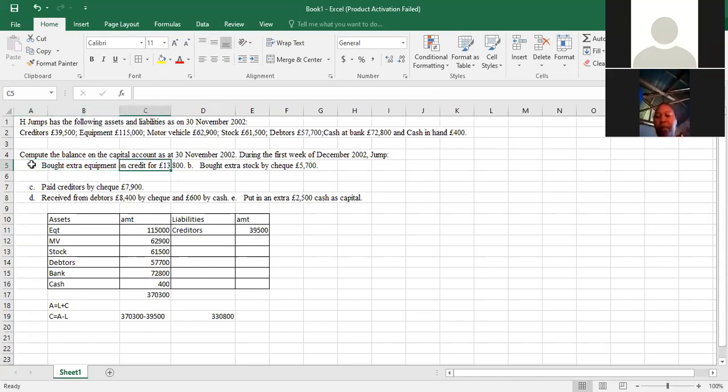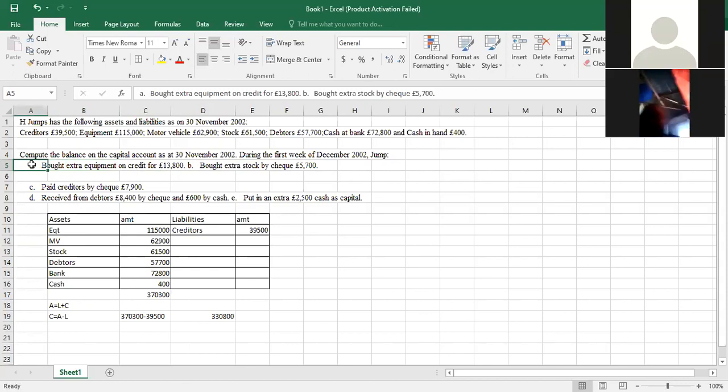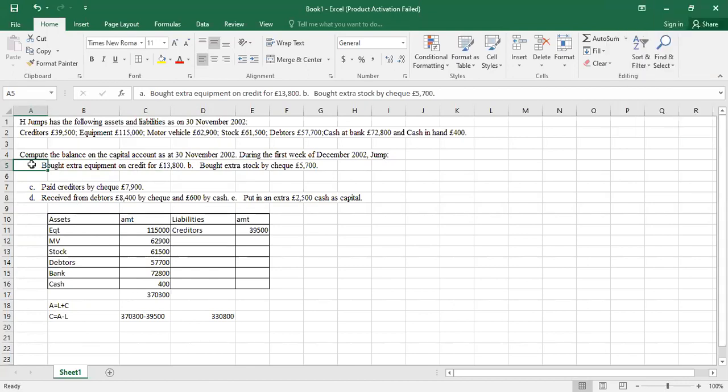I think the equipment will increase since they are buying some. Yeah, equipment is increasing. So what are we supposed to do when they increase? What are equipment? The assets, isn't it?